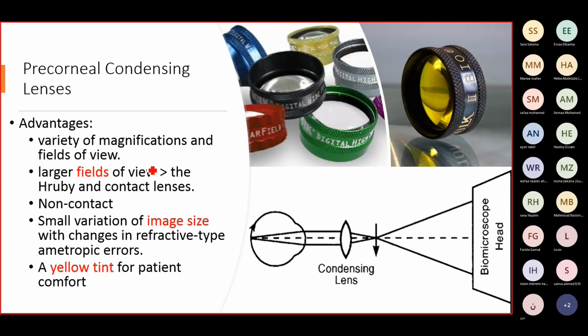Okay, the lenses may have a bit of a yellowish tint to increase the patient's comfort, and the refractive error of the patient has a small effect on the image size, unlike the ruby lens and the Goldmann lens. Okay.